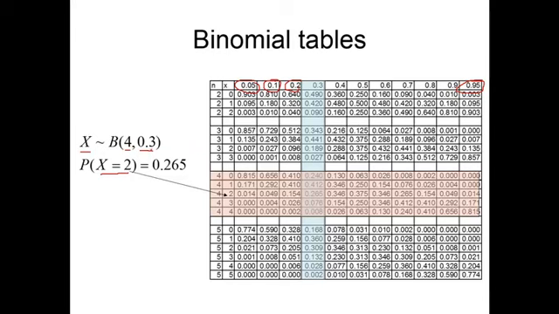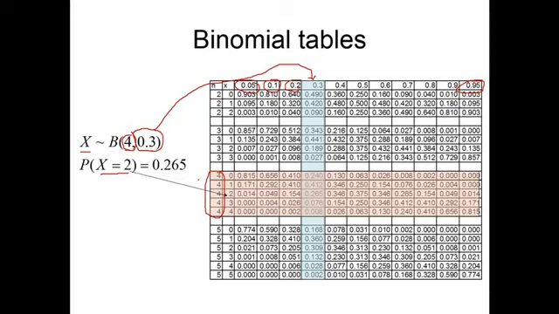Here, we have our p-value of 0.3, so we're going to look over here. We have our n value of 4, and so we look at the 4s.